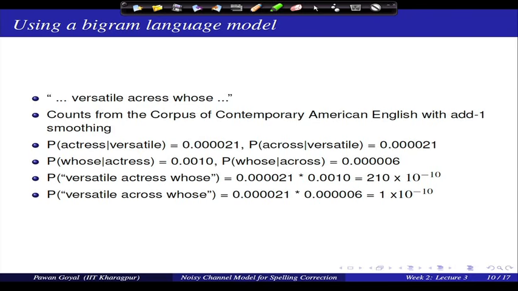So this gives me that versatile actress huge is much more likely than versatile across huge as per my corpus if I am using the context. And this can further help me to find out what is the correct word that should have been there in place of actress.